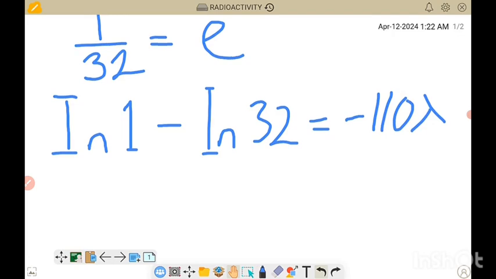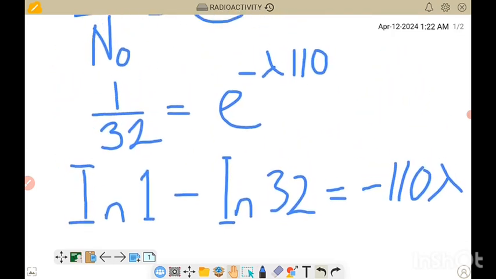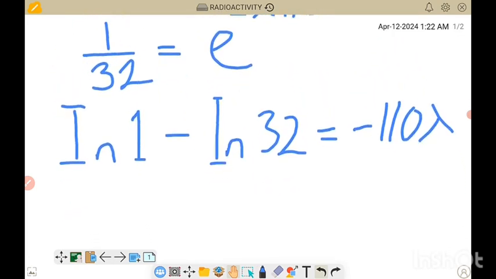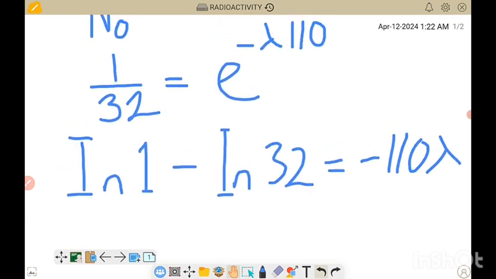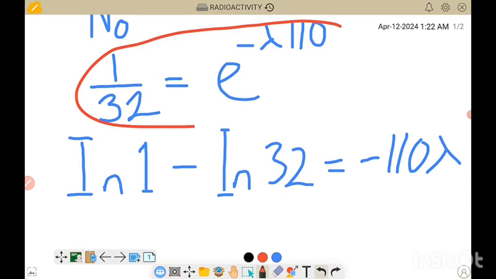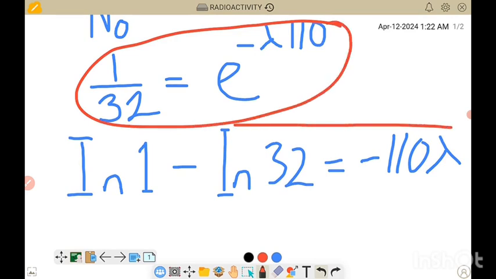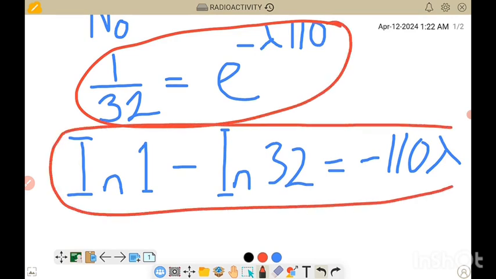Mathematically, I want to believe you will have done something similar to this in your further mathematics or general mathematics. So when you have an expression like this, you can easily resolve it to something like this. We may say we've eliminated the exponential function and we're having a logarithm function here.